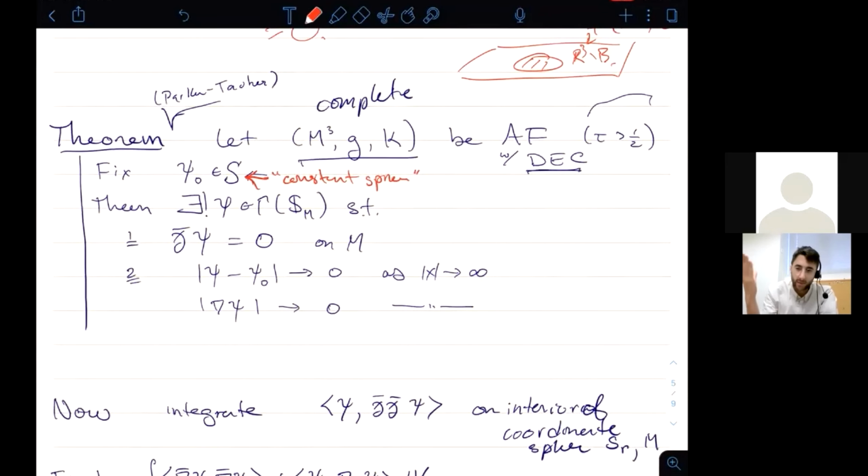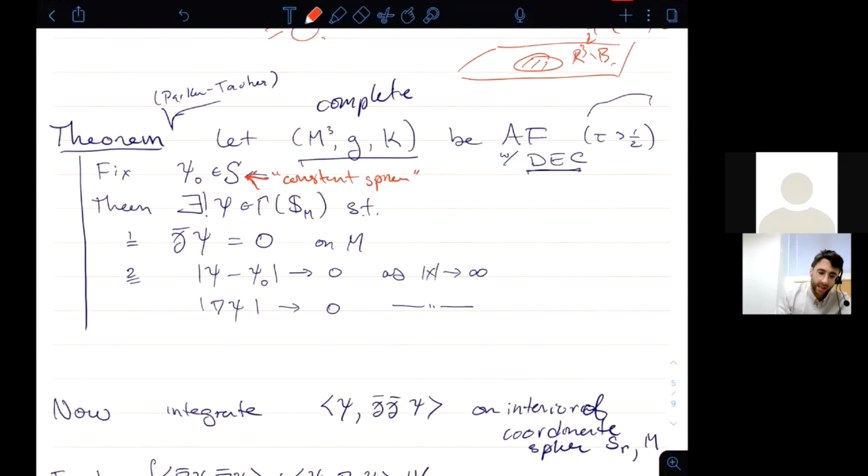You can extend it to a global section by a partition of unity, killing it off before you get to the interior of the manifold, meaning the compact set you need to remove in order to be diffeomorphic to R3 minus a ball.